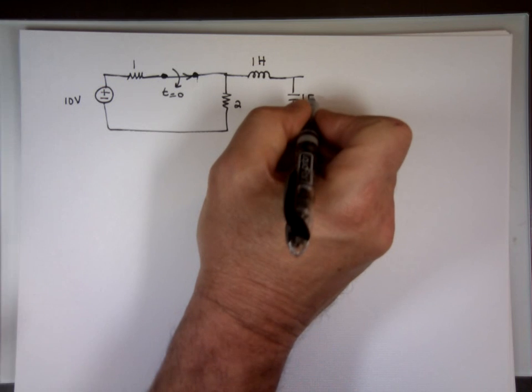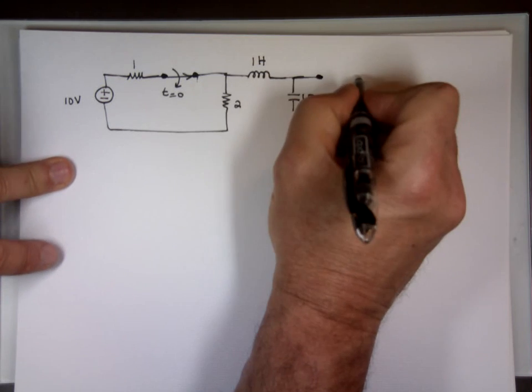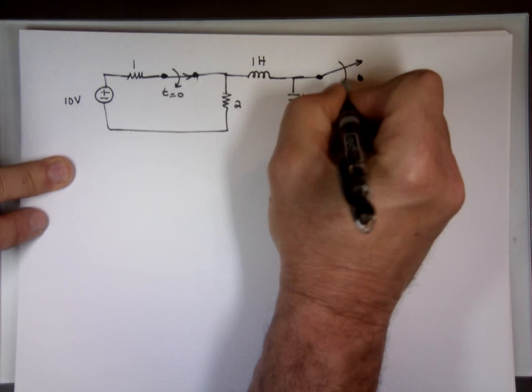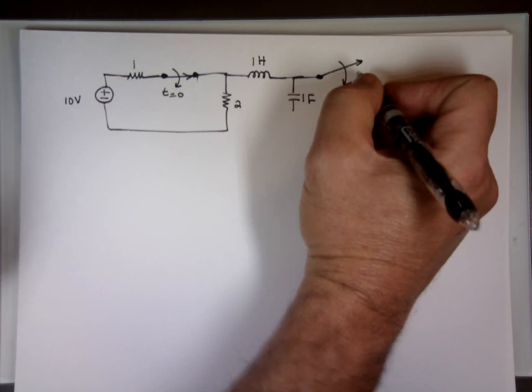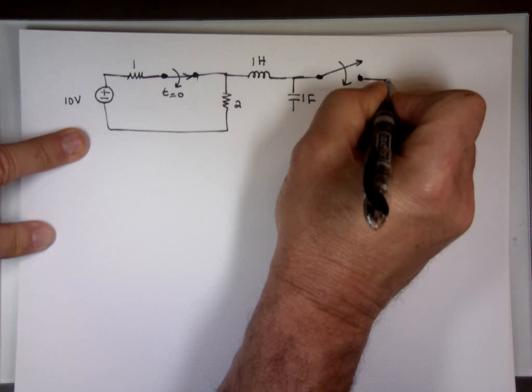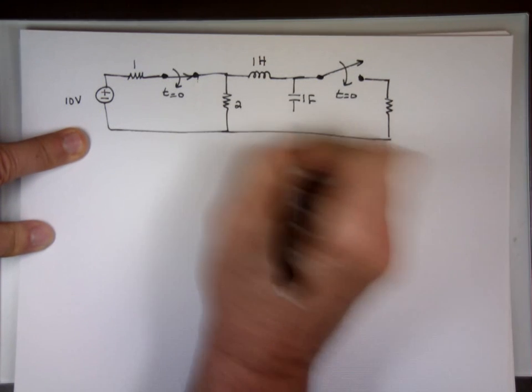Here's where my fun comes in. We have another switch here, closed at t equals 0. And this is 1 ohm.